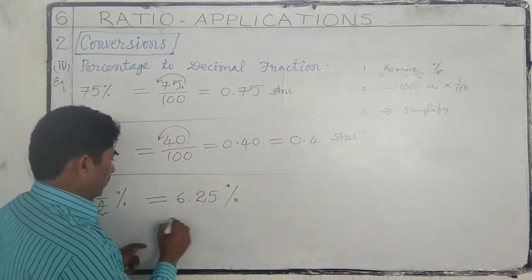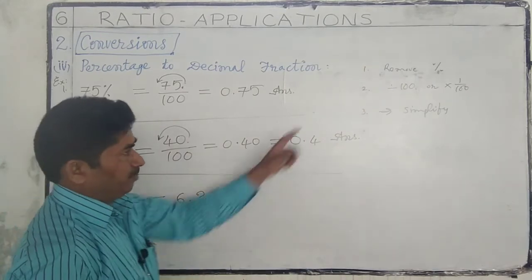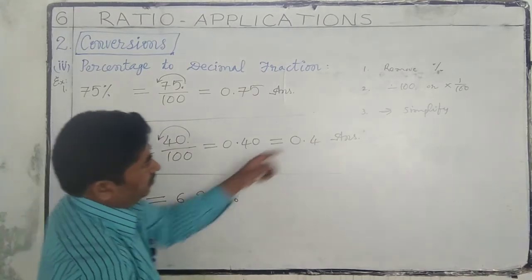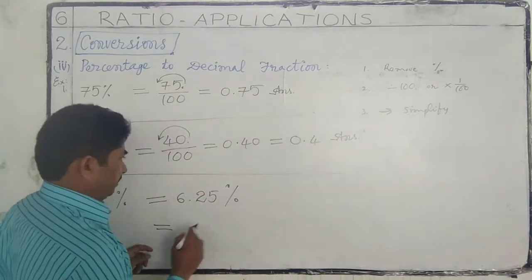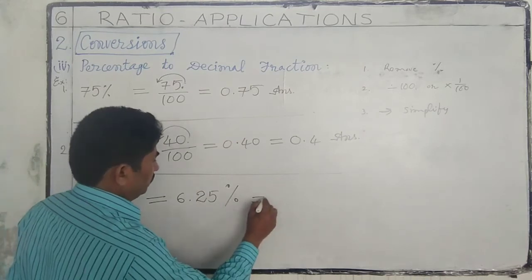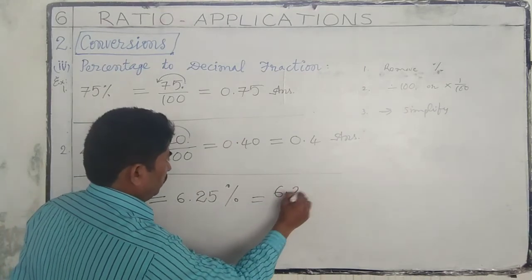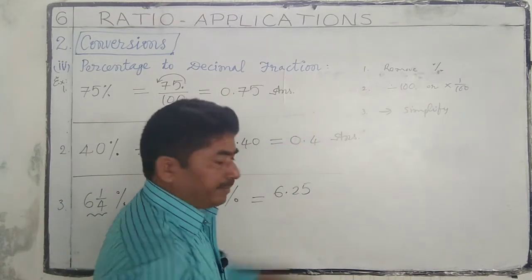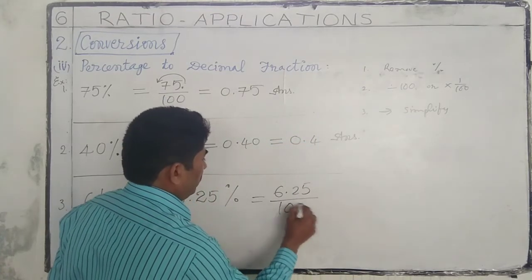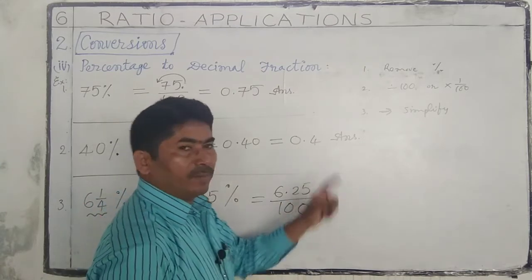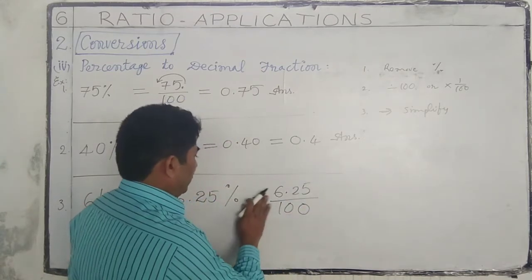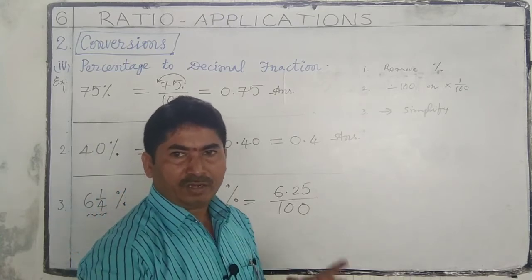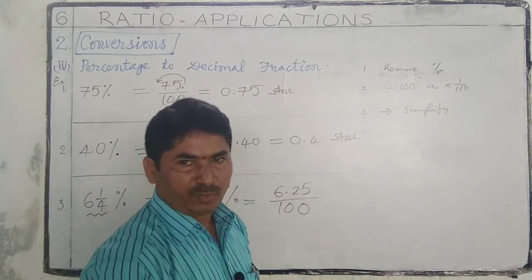Now we have to follow the procedure. First, remove the percentage sign. 6.25. Divide it by 100. Then simplify. To simplify, we are simply shifting the decimal point.